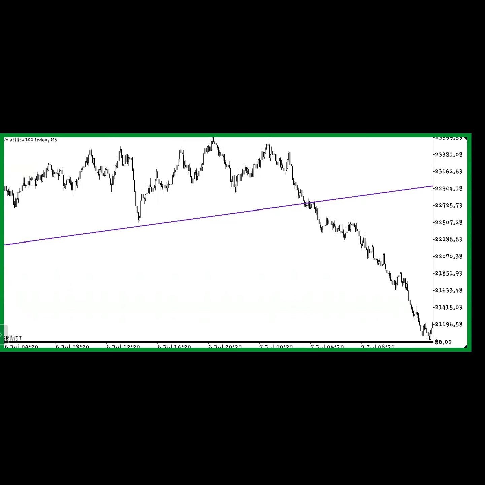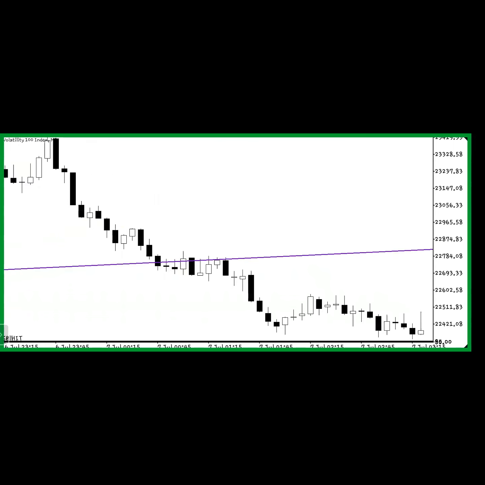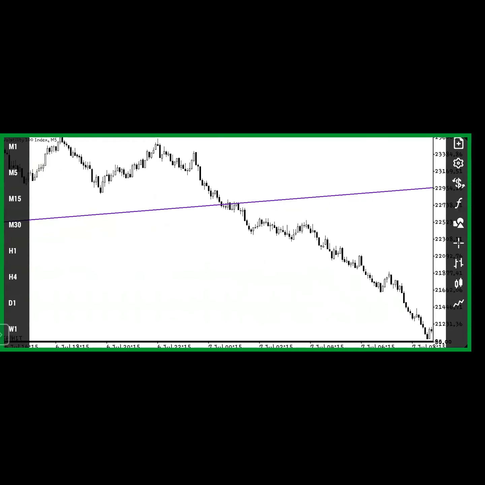After drawing your channel, you go back to 5 minutes or 15 minutes time frame, you look for your entry. Here you can clearly see that on the 5 minutes time frame, we have a complete breakout and retest.